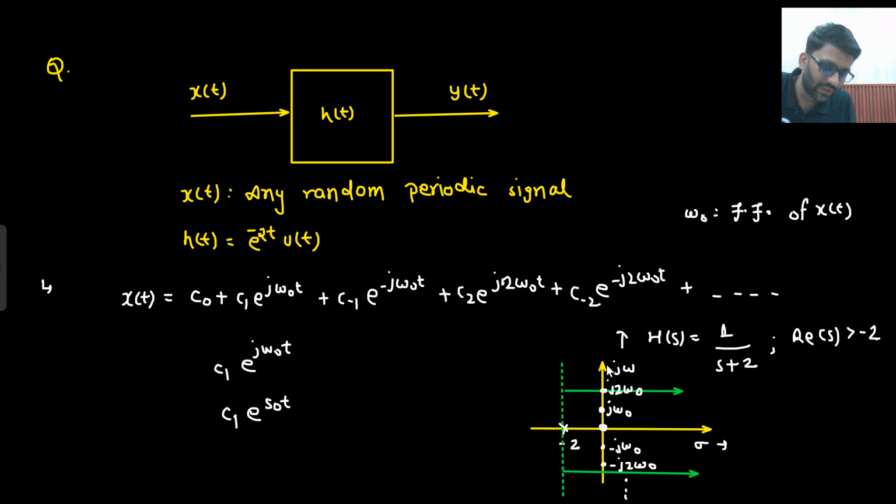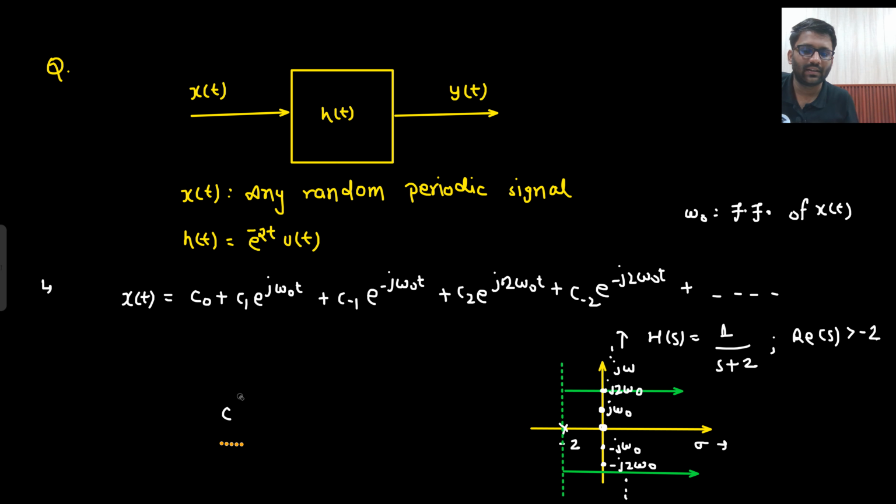In that manner, s naught values are there, and all these values are on the j omega axis, and our ROC includes the j omega axis. That means all these points are lying in the region of convergence of h of s.